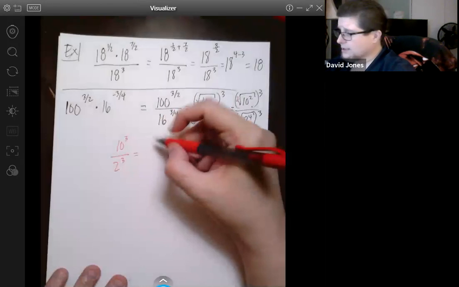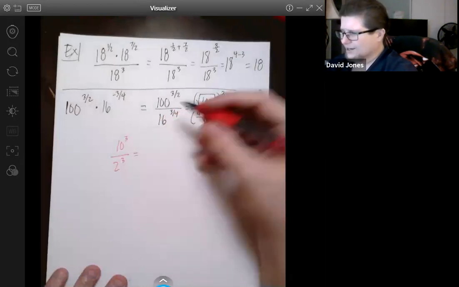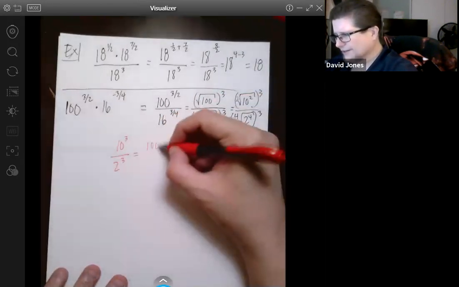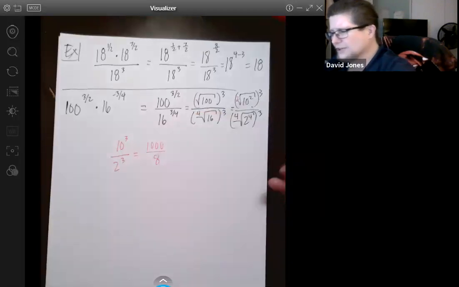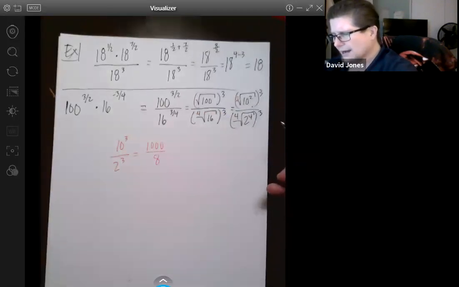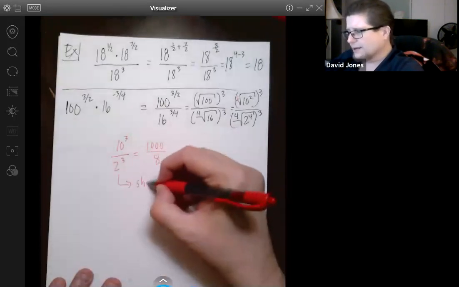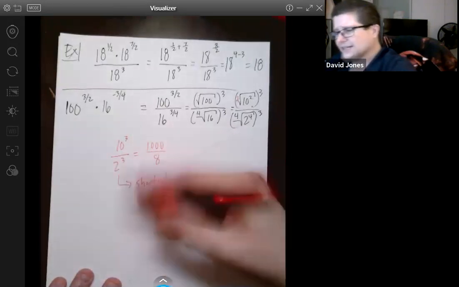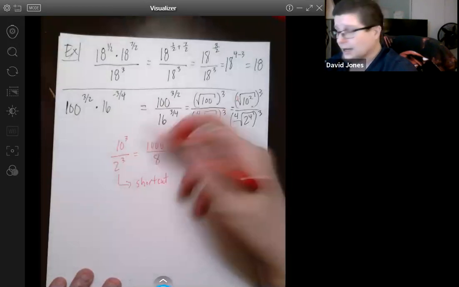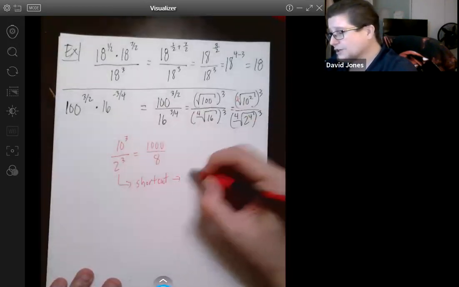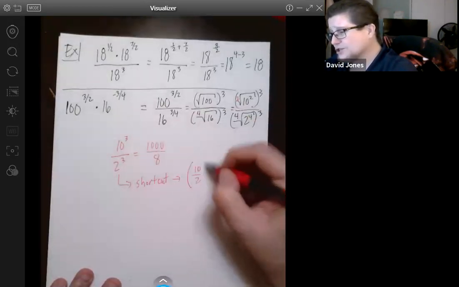Which is, that's 1,000 over 8. That's a little challenging. I would use a calculator for that. Notice, shortcut, no calculator. Since they're both cubed, I can pull that cube out and make this 10 over 2, cubed.